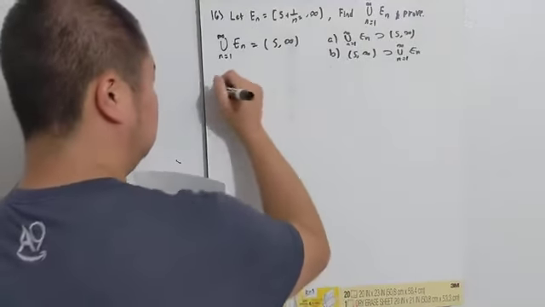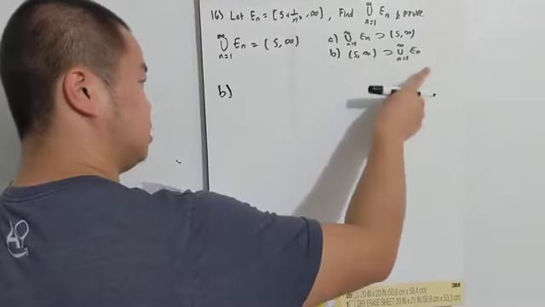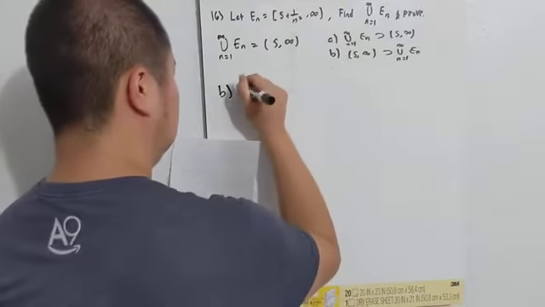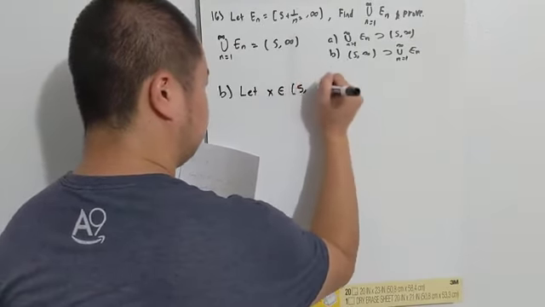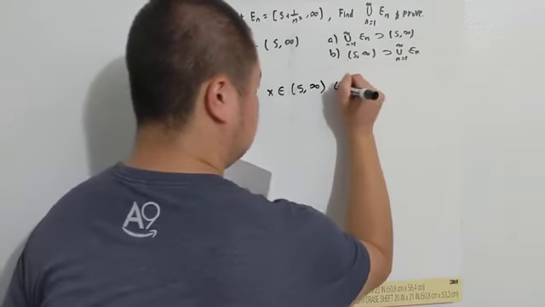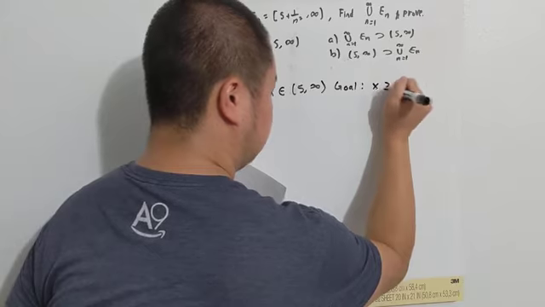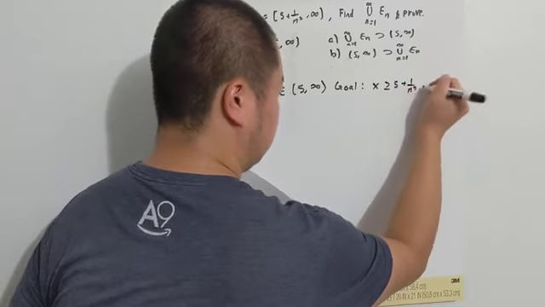For part B, we need to prove that (5, ∞) is a subset of the union of the sets. So let x be a member of (5, ∞), and the goal is to get x to be greater than or equal to 5 plus 1 over n squared.